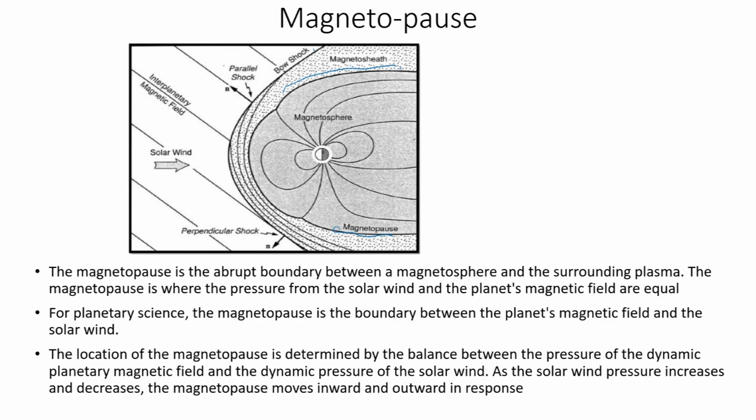As the solar wind pressure increases and decreases, the magnetopause moves inward and outward in response. So, the magnetopause is not fixed; it depends on the dynamics of the solar wind. During solar maximum or solar minimum, the location of the magnetopause will vary.